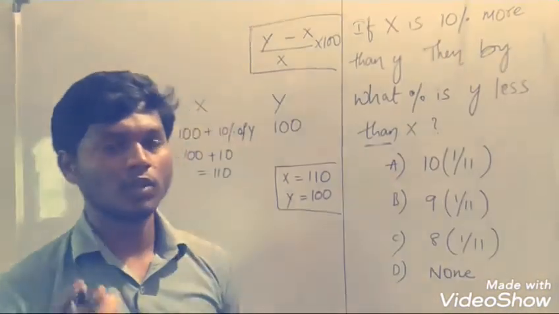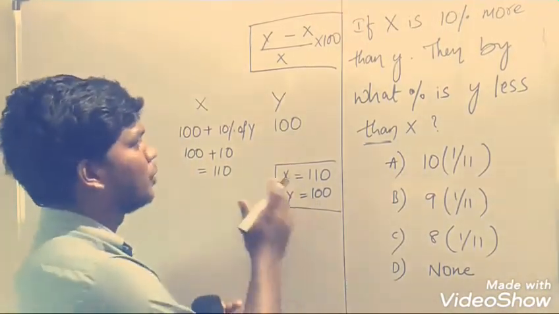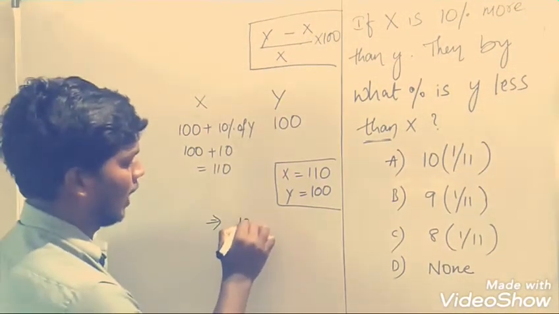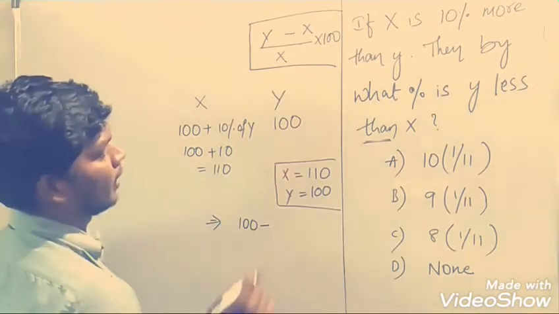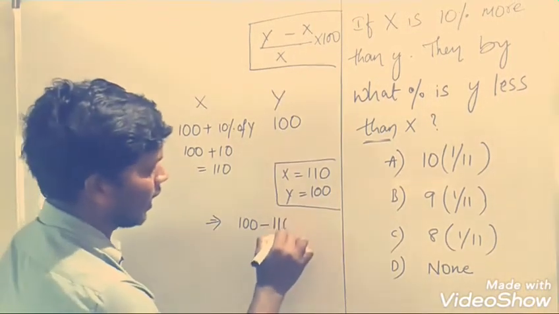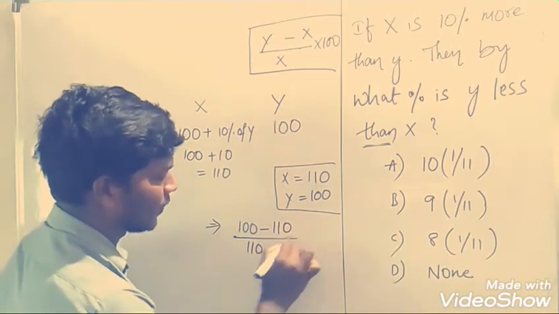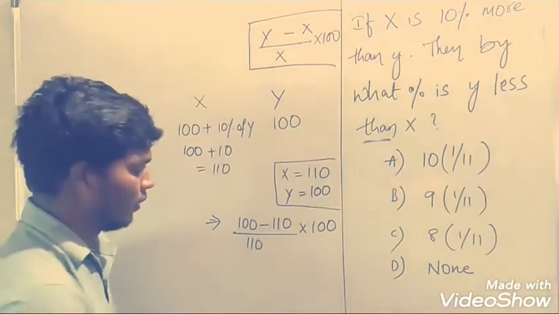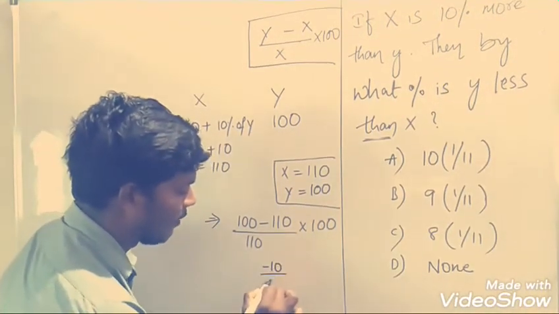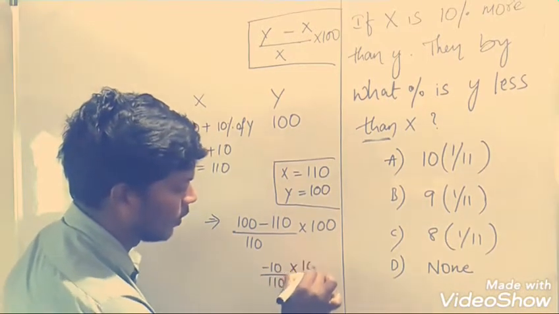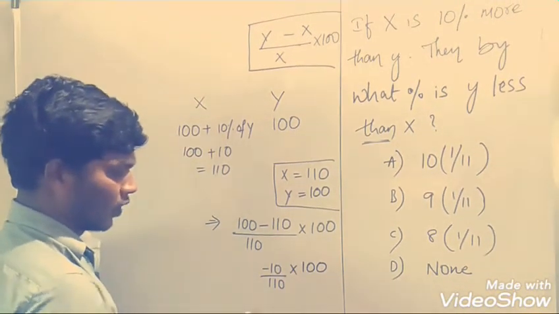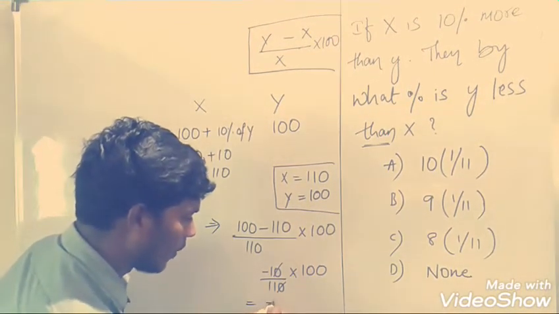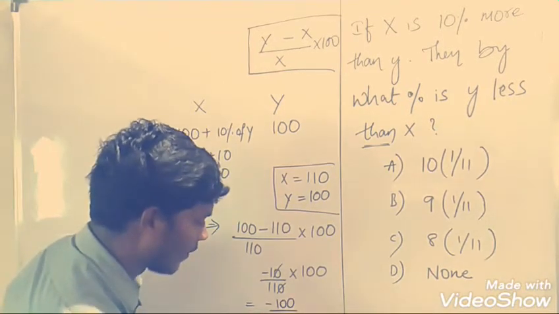Okay friends, now simply substitute the values in the given formula. y is 100 minus x, 110, by x into 100. 100 minus 110 will be minus 10, divided by 110, into 100. This 0 and this 0 get cancelled, and finally we have minus 100 by 11.